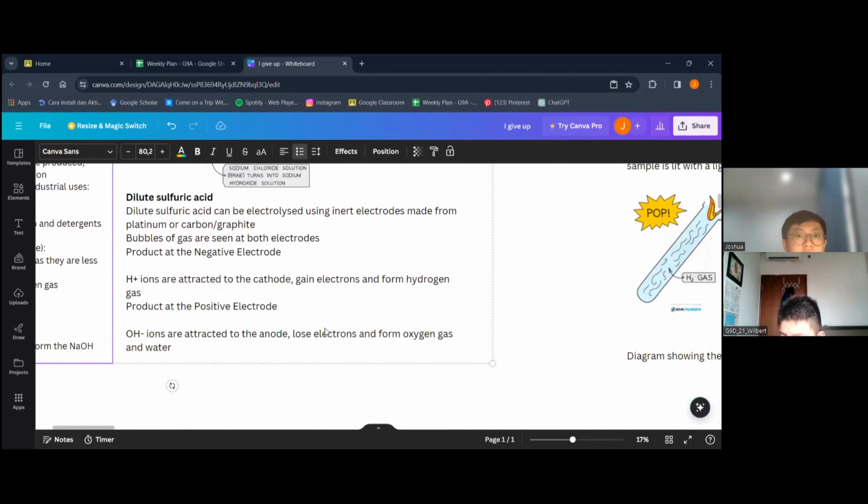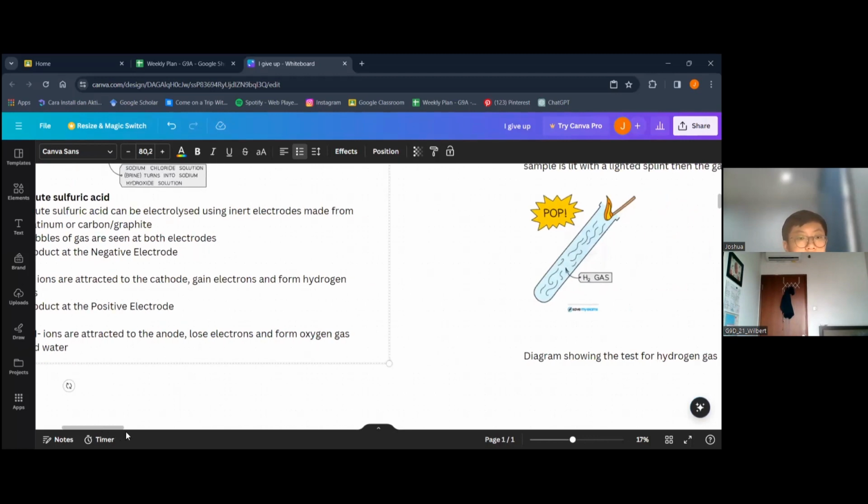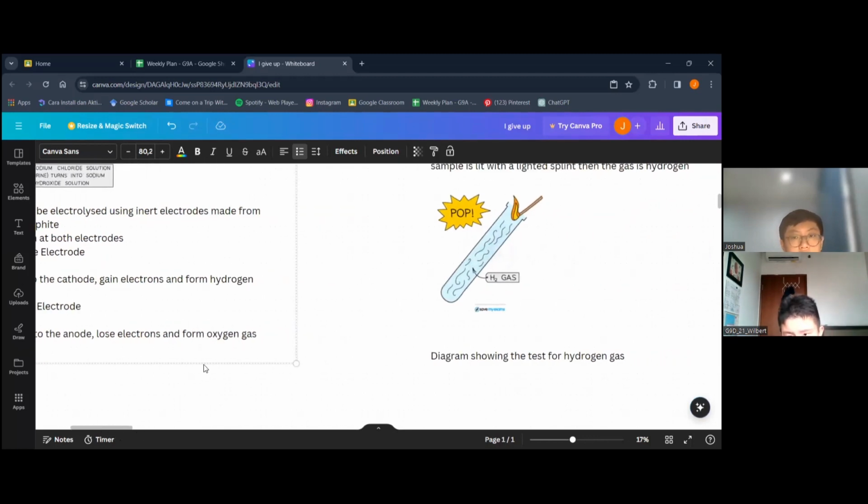If there is no group 7 element, this is an important rule, what will be electrolyzed will be the OH group. That is in aqueous solutions. So the sulfur and the oxygen will not be electrolyzed.